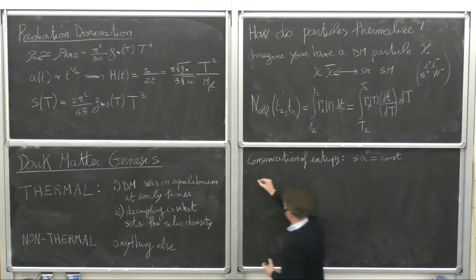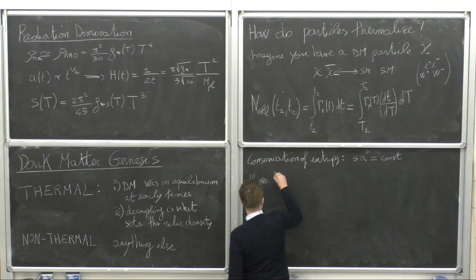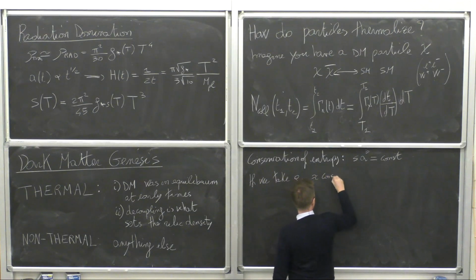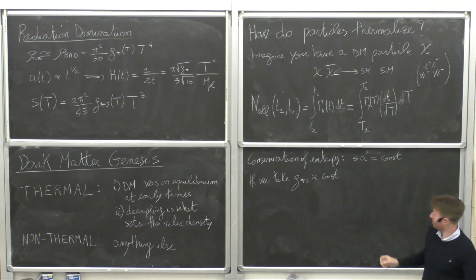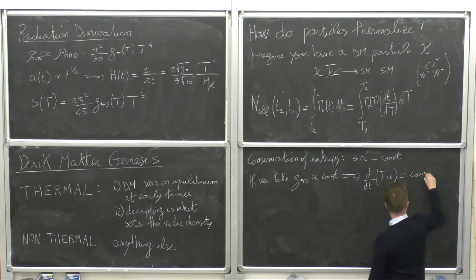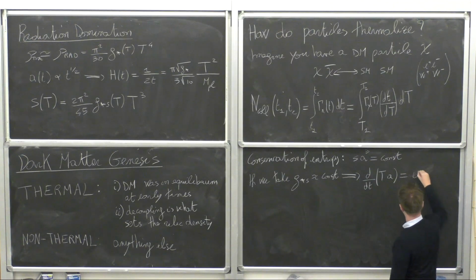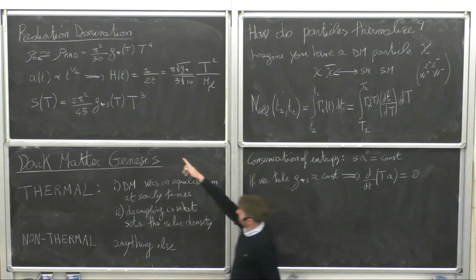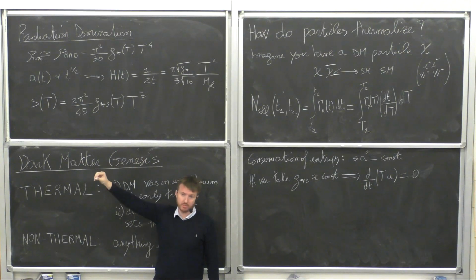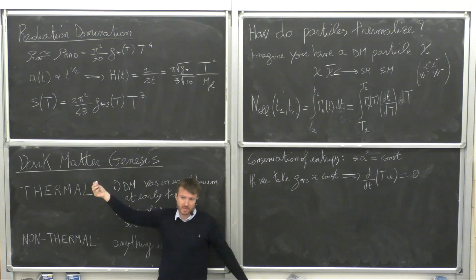And the reason is that a cubed tells you how the co-moving volume is scaling with time, okay? So if we also assume, which is good enough for our purposes, g star s constant, as I mentioned, then the conservation of entropy corresponds to the requirement that the derivative of temperature times the scale factor is 0, okay? Because look at the expression of the entropy density. s times a cubed is a bunch of constant factors times T cubed a cubed. If T cubed a cubed is constant, T times a is constant.